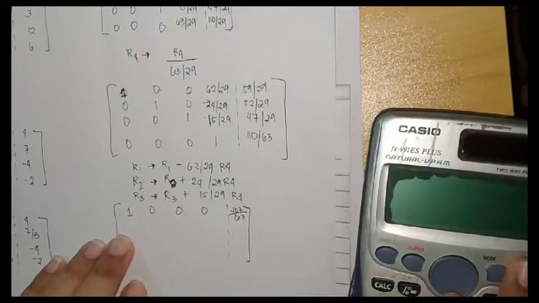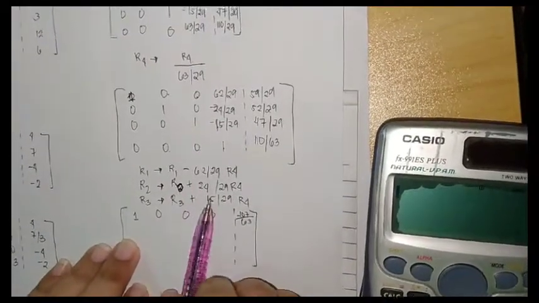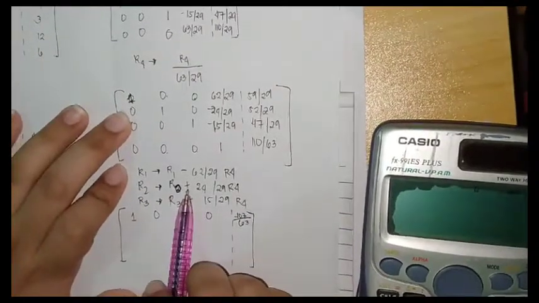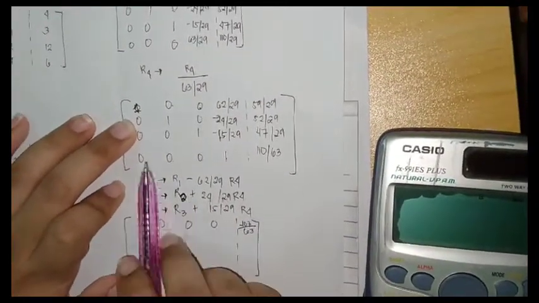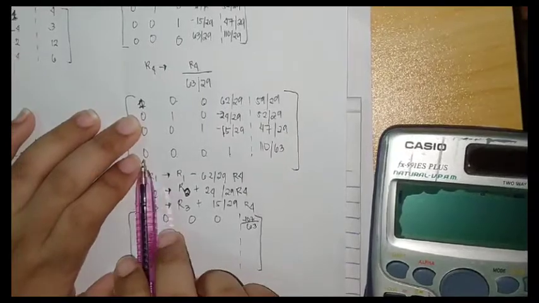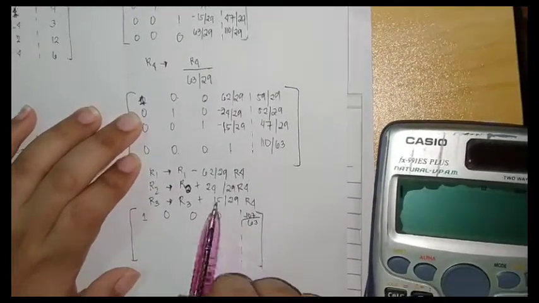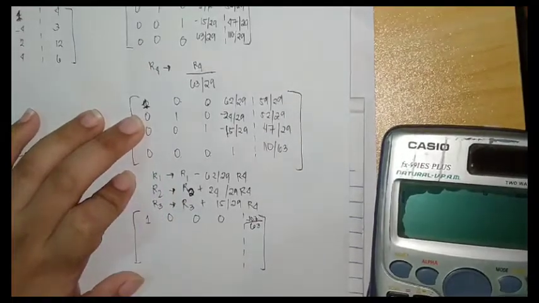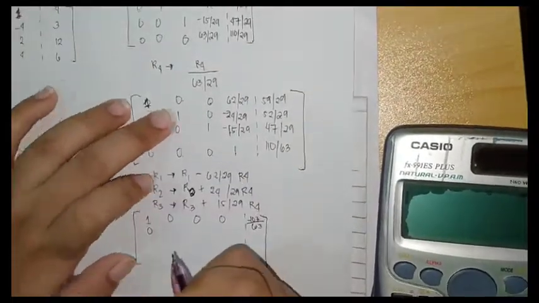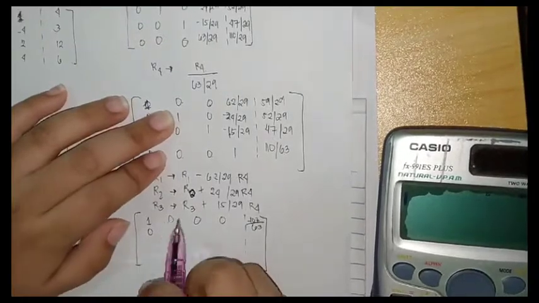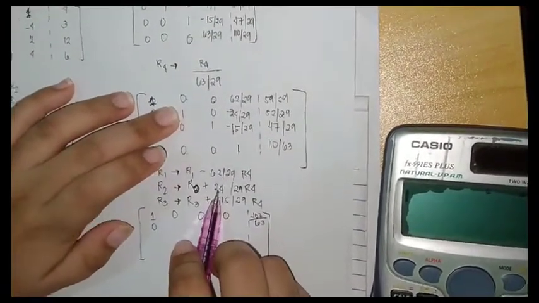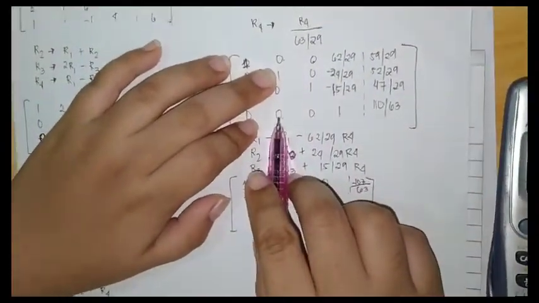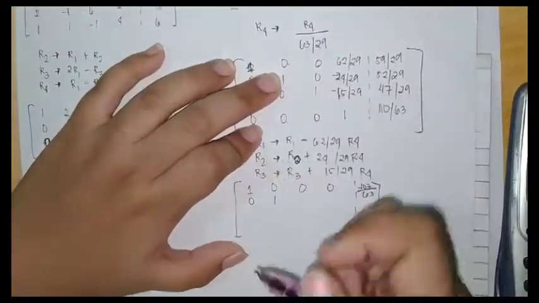So for the second row, the new row 2, R2 plus 24 over 29 R4. So here 0 plus 24 over 29 times R4, which is 0, so still 0. 1 plus 24 over 29 times R4 is 0, so it's still 1.